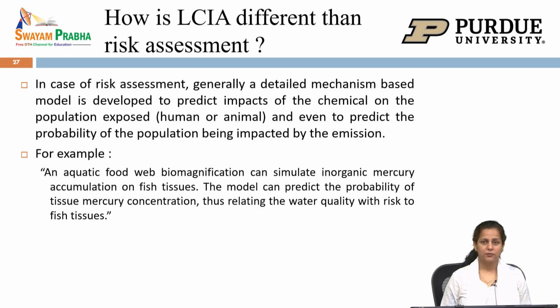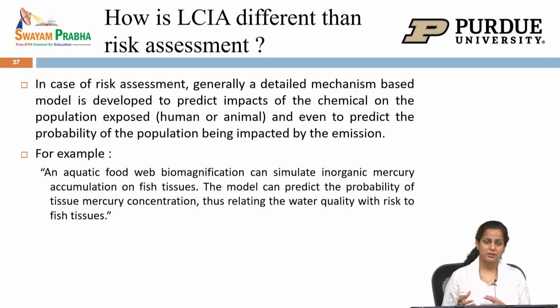For example, we can have an aquatic food web biomagnification model that can simulate how inorganic mercury gets deposited in the fish tissues, and that model can predict the probability of tissue mercury concentration.